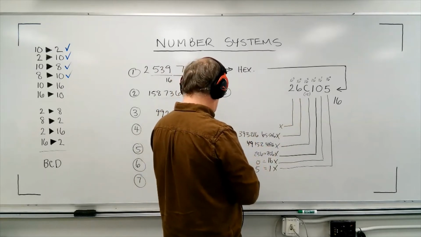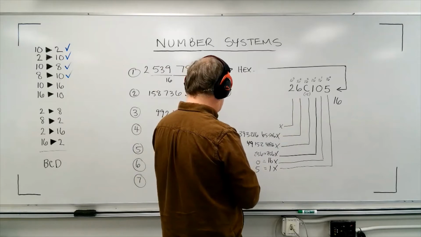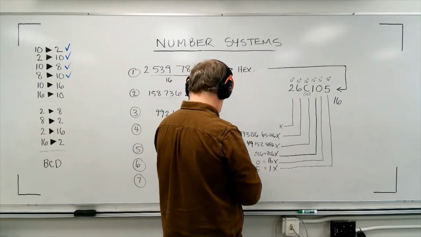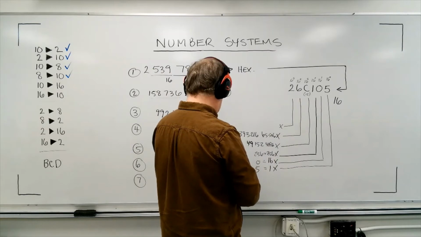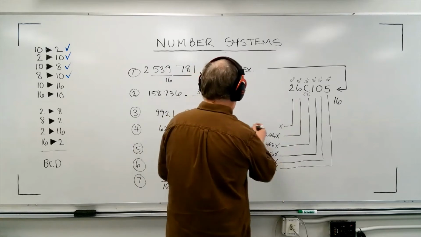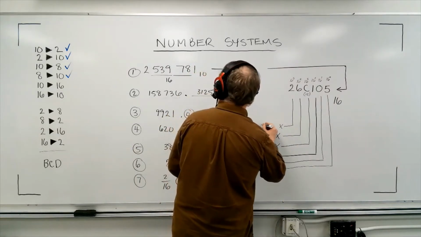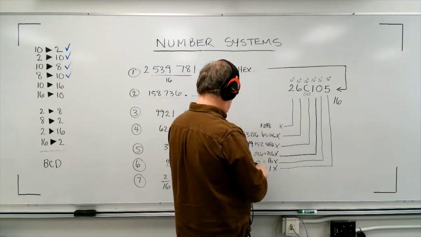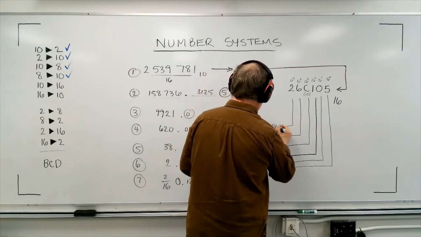Now, in this one, we only have 2. We were up to 4096 times 16, and now we are at 1,048,576.